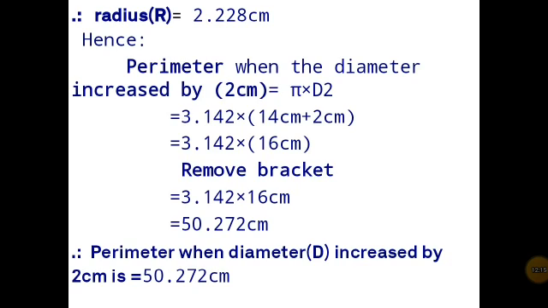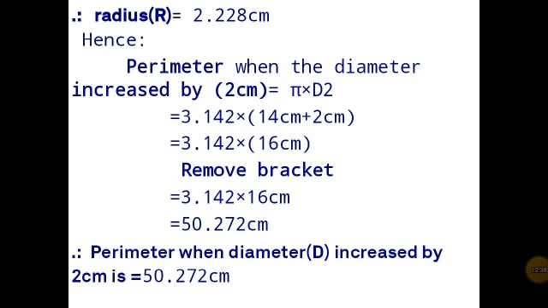Then that equals 3.142 times 16 centimeter. When you remove the bracket, that is equal to 50.272 centimeter as the perimeter of the circle when it is increased.